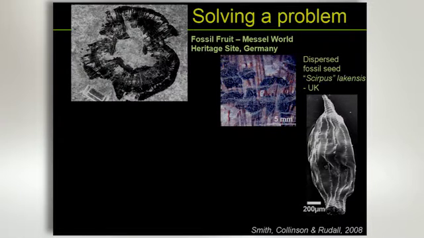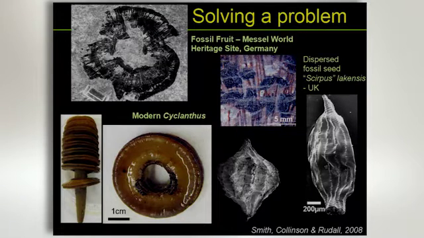And so we were going, what kind of fruit is that? And what we figured out was that it matches modern Cyclanthus, which is in the Cyclanthaceae and the Pandanales. So these discs are a whole bunch of fused pistillate flowers, and they fall off the infructescence axis when they're mature and then split open to reveal all the seeds.